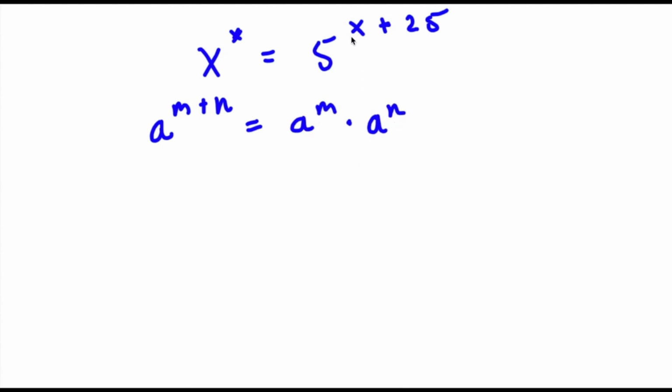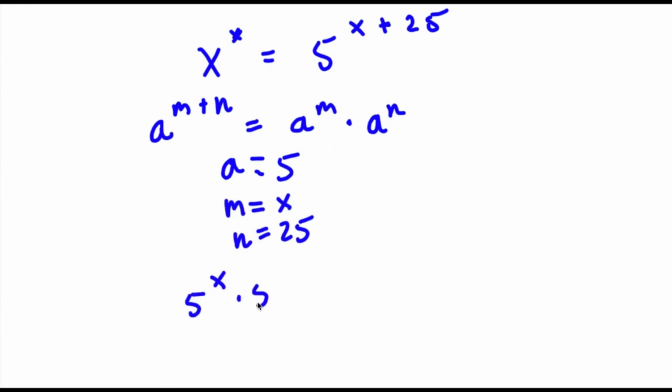So in this case, we have 5 to the power of x plus 25. We can think of a as 5 here, m as x, and n as 25. So now we have 5 to the power of x times 5 to the power of 25 equal to 5 to the power of x.